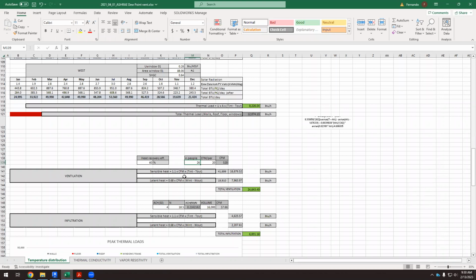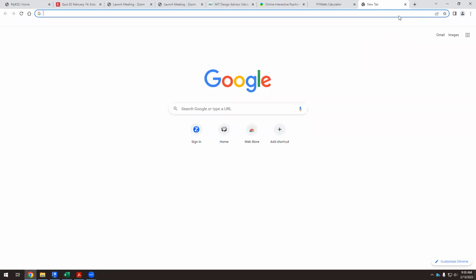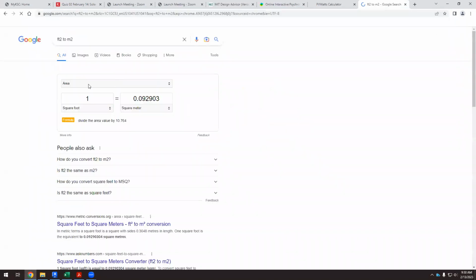But now in this tool, they are asking me people per square meter. So what is the square meters of 660 square feet? I have to do the square feet to square meter calculation.